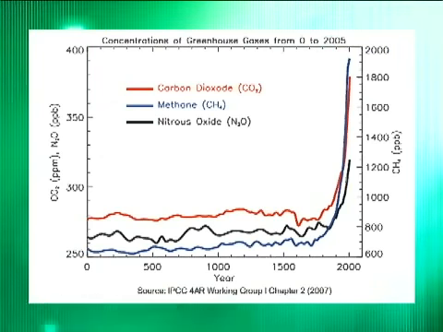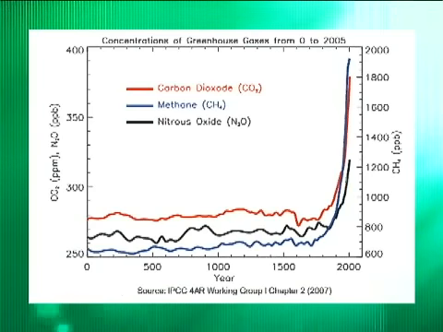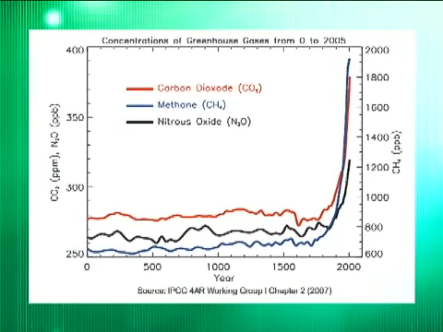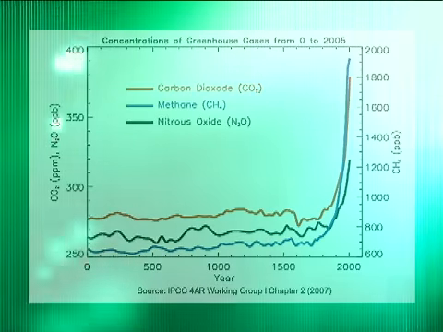We're currently at about 387 parts per million of carbon dioxide in the atmosphere. There's general scientific agreement that we need to get back to 350 to prevent ourselves from getting to more than 2 degrees higher than pre-industrial temperatures, at which scientists forecast very severe effects of climate change.